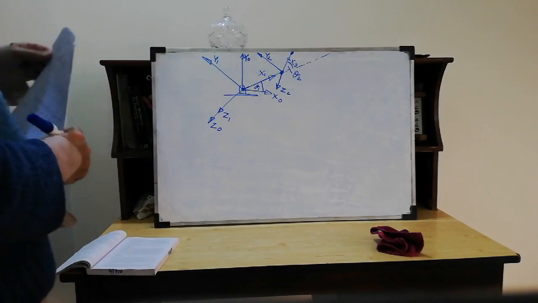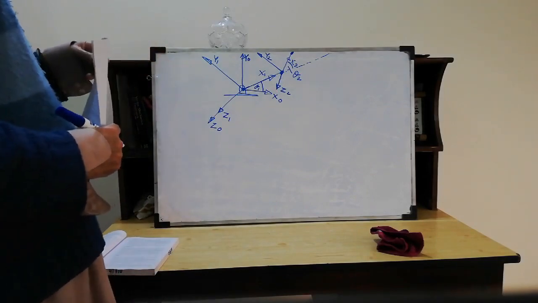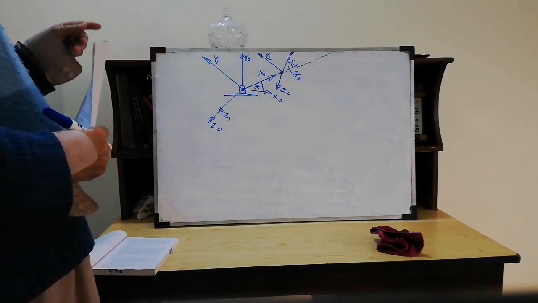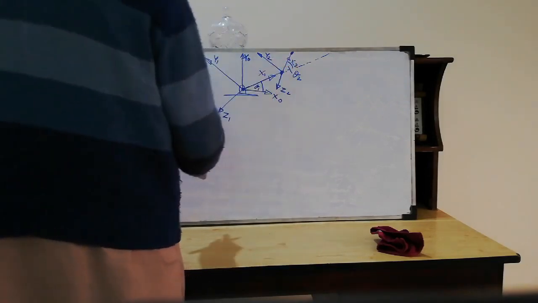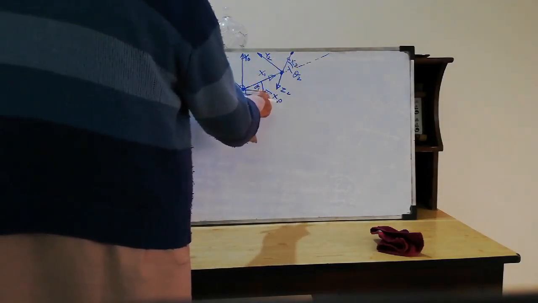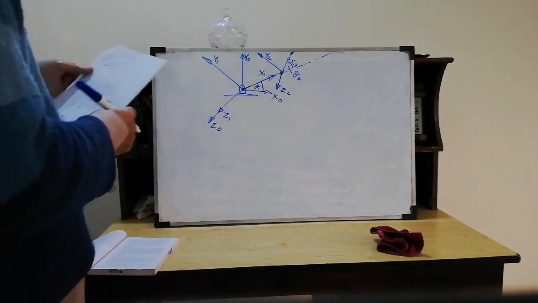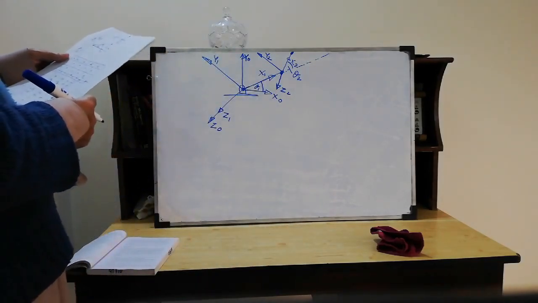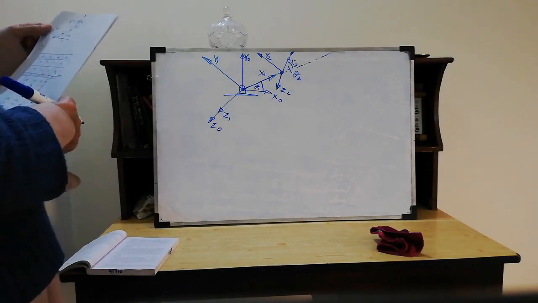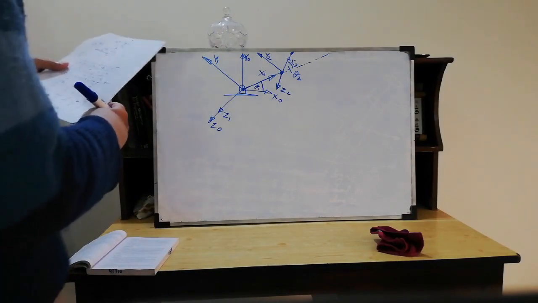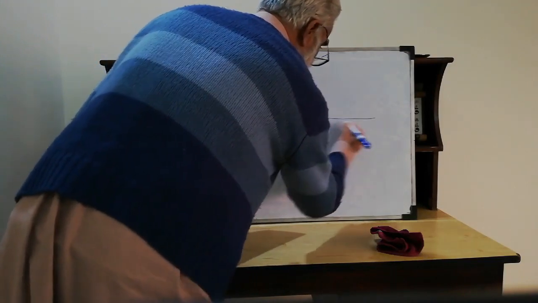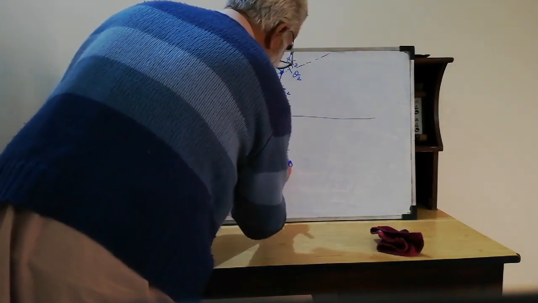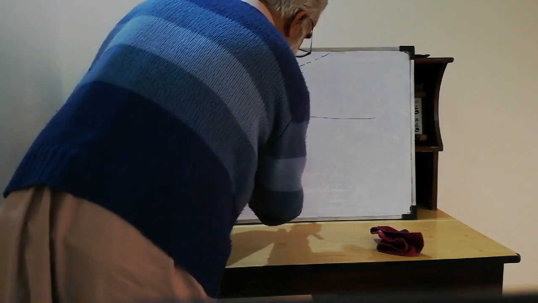Theta 2, like I have explained in the previous example, is the angle between x1 and x2, and theta 1 is the angle between x0 and x1. So we're going to label the figure first of all, and then we'll draw a table.